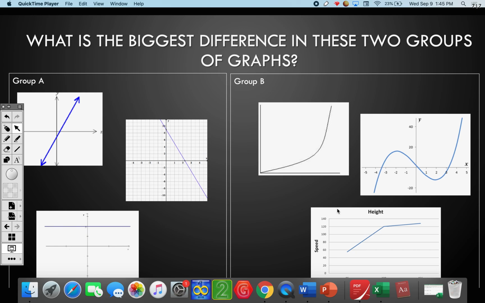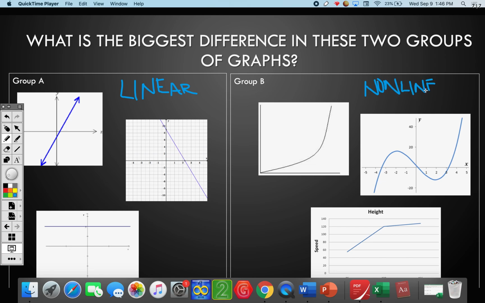It is either linear or non-linear. So if you can now understand that straight lines means it is a linear graph, and you couldn't do that before, you are learning.